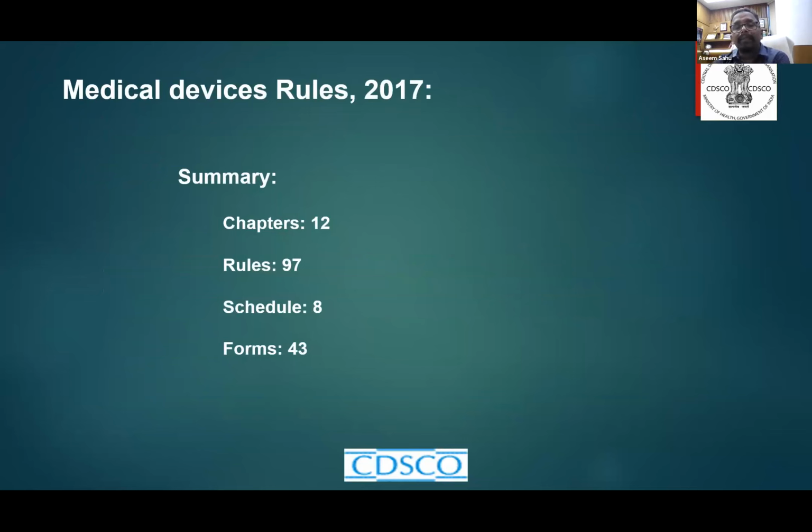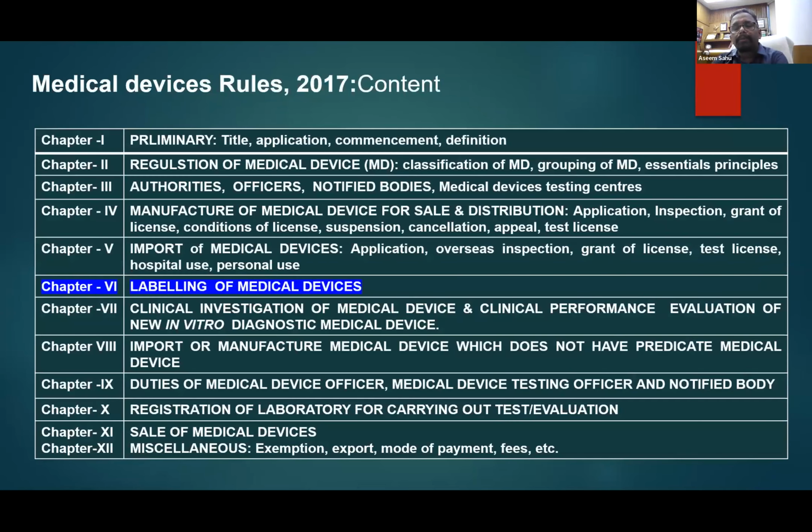If you see the Medical Device Rules 2017, this rule has a total of 12 chapters. A total of 97 rules have been incorporated, and there are 8 schedules, and a total of 43 different forms, which relate to import, manufacture, clinical investigation, and all those things.